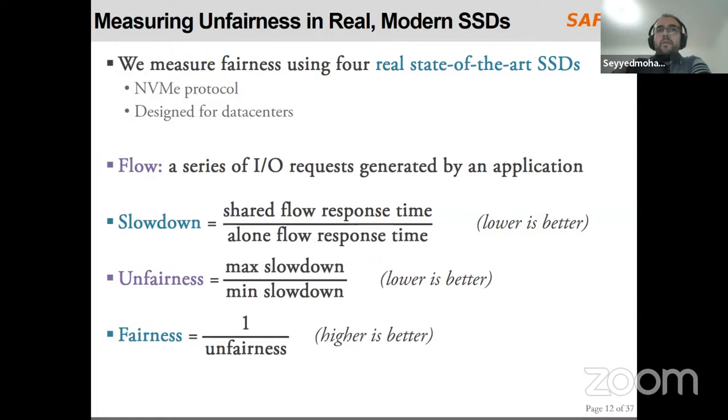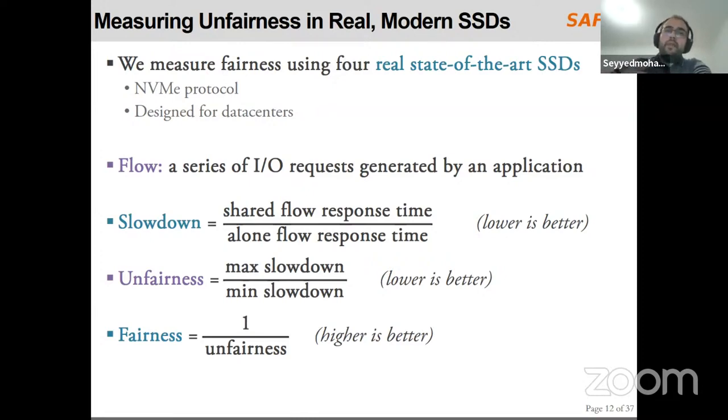We defined a flow as a series of I/O requests generated by an application. In order to calculate fairness, we first calculate the slowdown for each flow. To this end, we first calculate the response time of that flow when it runs alone with no intervention of other flows. We also calculate the response time of this flow when it is running shared among other flows.